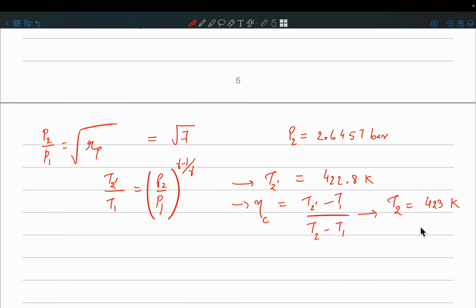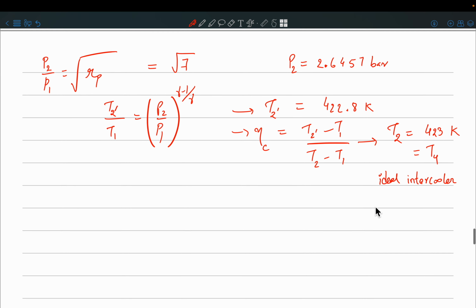and again T2 is equal to T4 for an ideal intercooler, because nowhere has the question said that the intercooler is not ideal, so we'll simply assume it is ideal. Okay, so we got T2 is equal to T4.